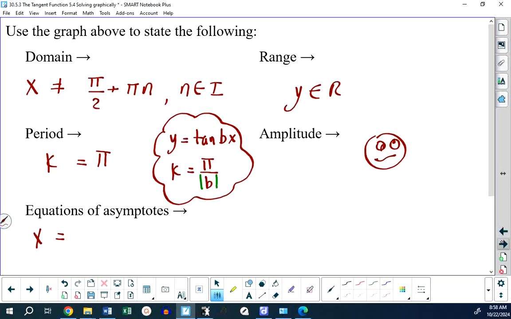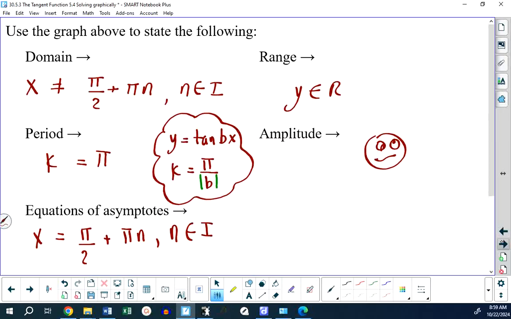Equations of asymptotes. So this is a very subtle thing, but the language in mathematics is often subtle. These are the equations of the asymptotes, and the equations of the asymptotes are the locations of the vertical lines that the graph cannot be.